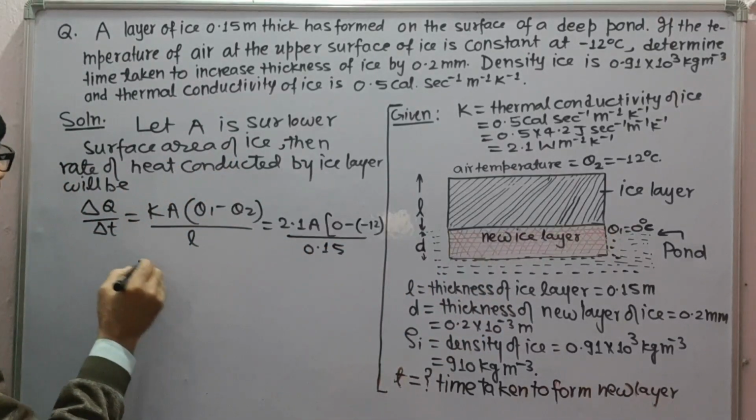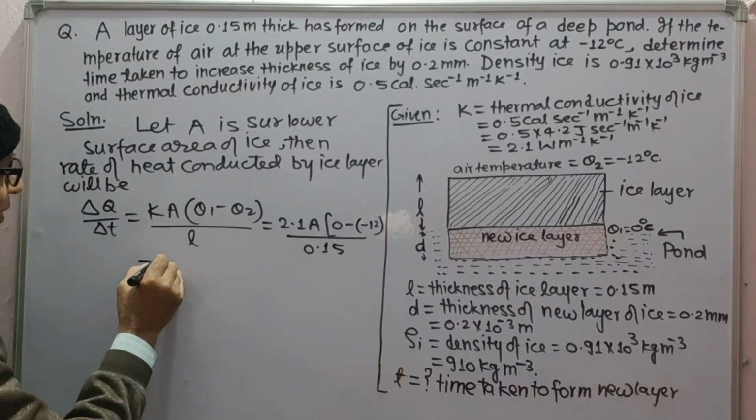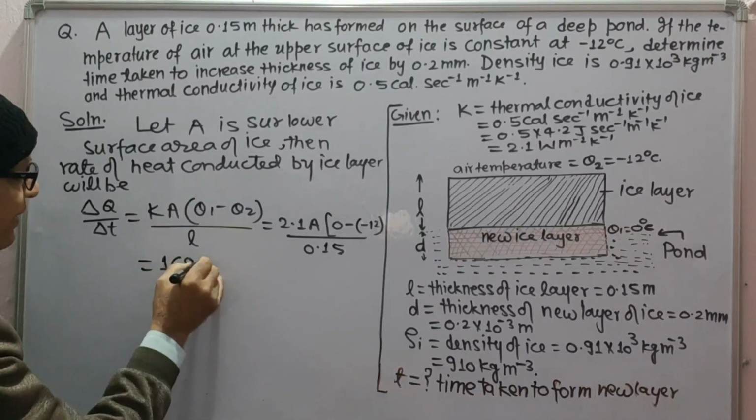So delta Q by delta T comes to be 168 A.